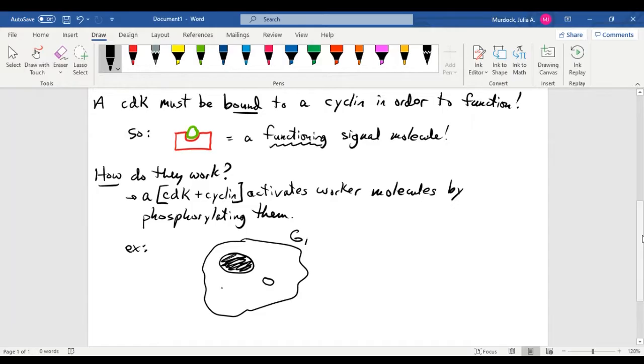Let's say that this molecule that I've drawn right here is able to go into the nucleus and start replicating DNA. But it is inert, it is inactive unless it's phosphorylated. So let's say that this is a DNA replicating molecule, or a molecule that's involved in that process. It can't do anything unless it's phosphorylated.